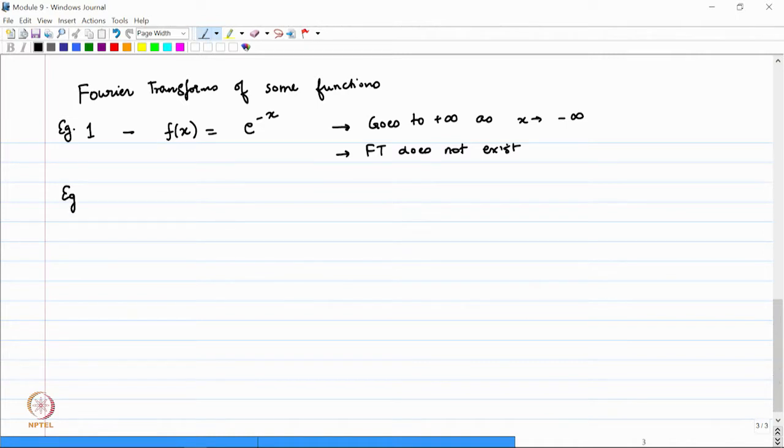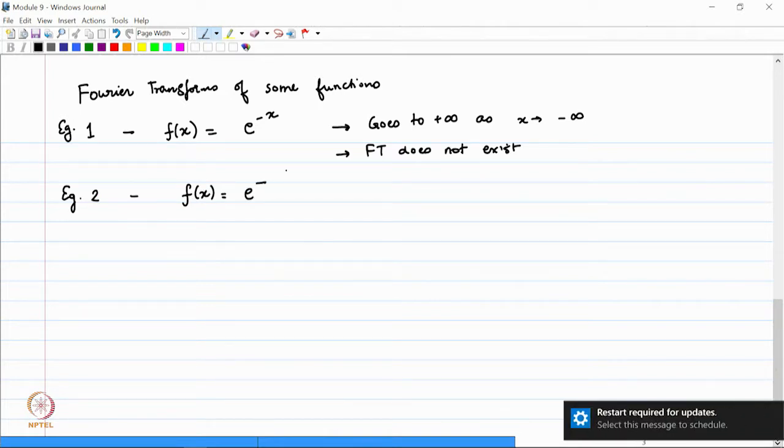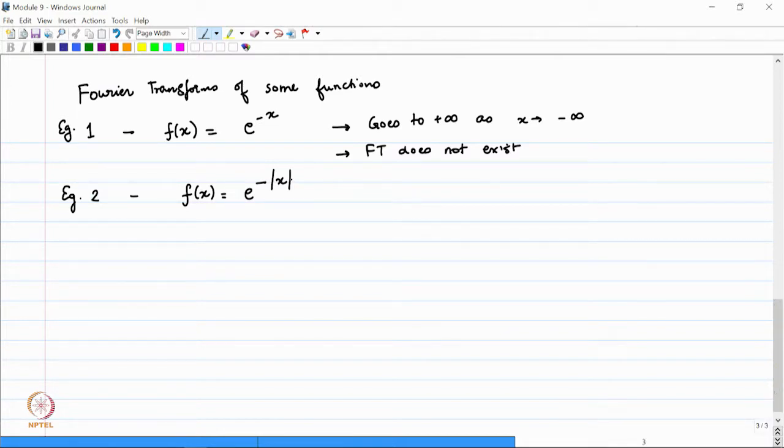Now, let us look at a slightly modified function, f of x is equal to e to the minus absolute value of x. And let me put a constant here, not k, let me put alpha times absolute value of x. Okay.